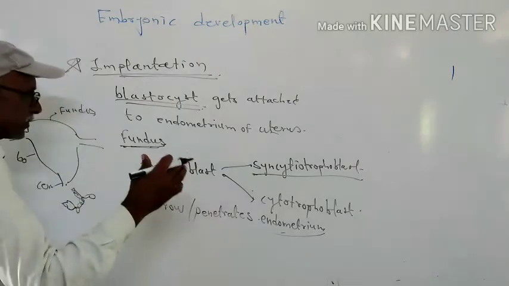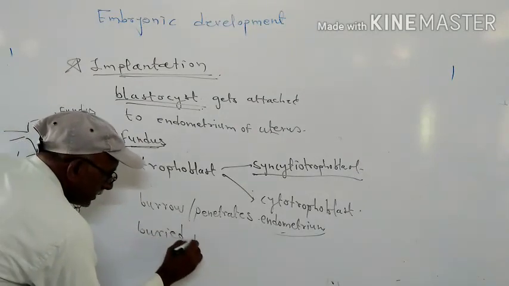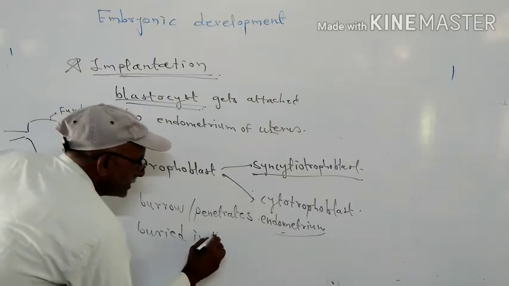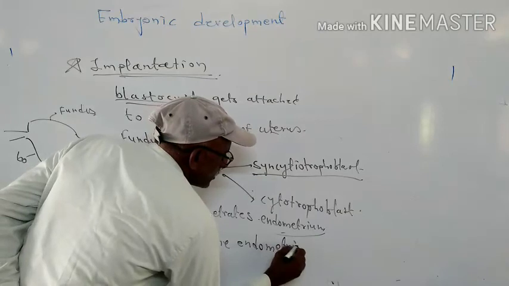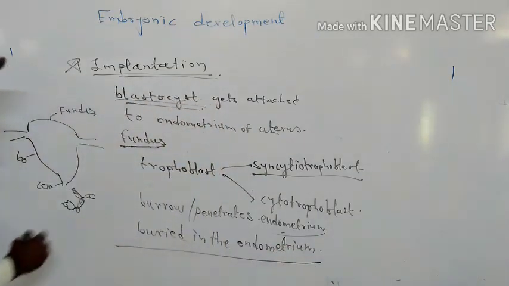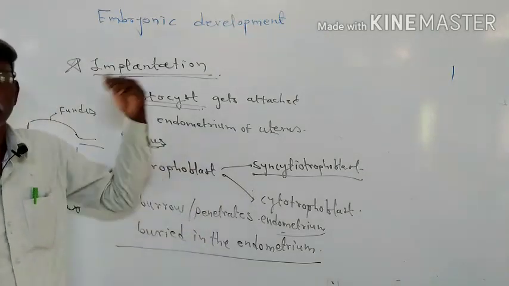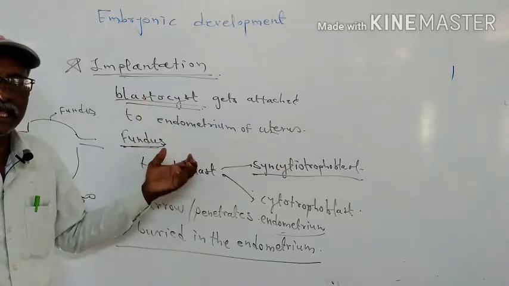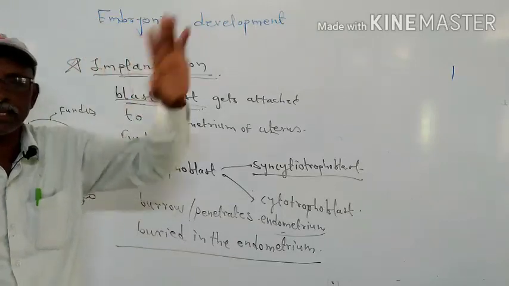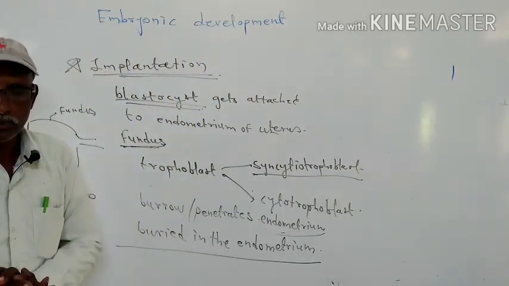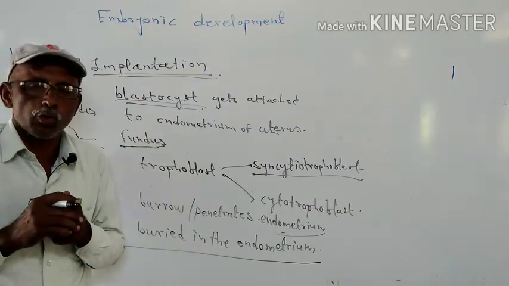And the blastocyst gets completely buried in the endometrium. When the blastocyst is completely buried in the endometrium, we can say that it is completely implanted in the uterus. So this is called implantation. The next point we will see tomorrow. Thank you.